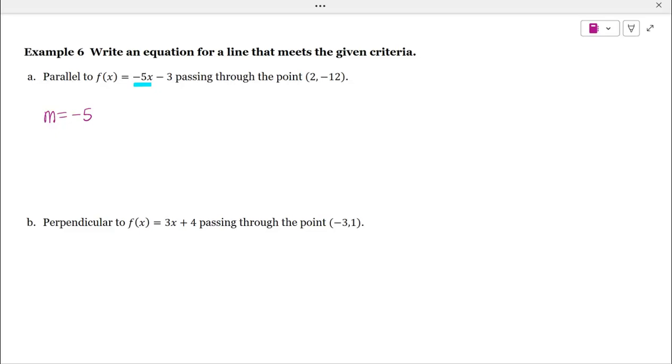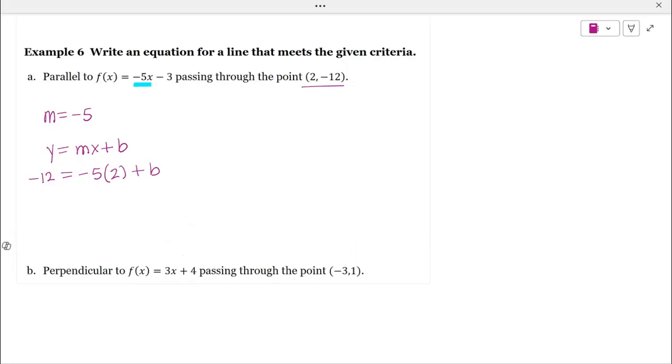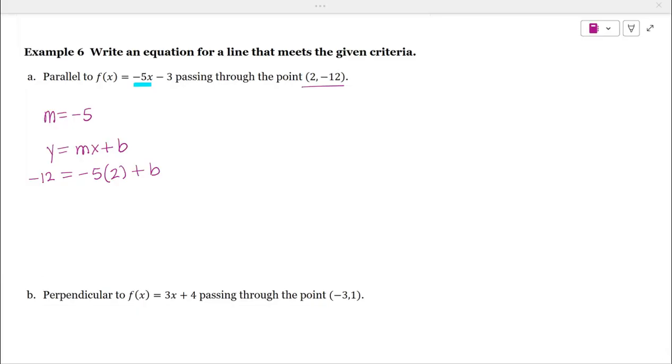We want that new line to pass through this point, so we will use this equation to plug in the x and the y values that we have. Negative 12 equals, our slope is going to be negative 5. Our x value is 2. And we're using these components to figure out what b is equal to, what the y-intercept is going to be. So negative 12 equals negative 10 plus b.